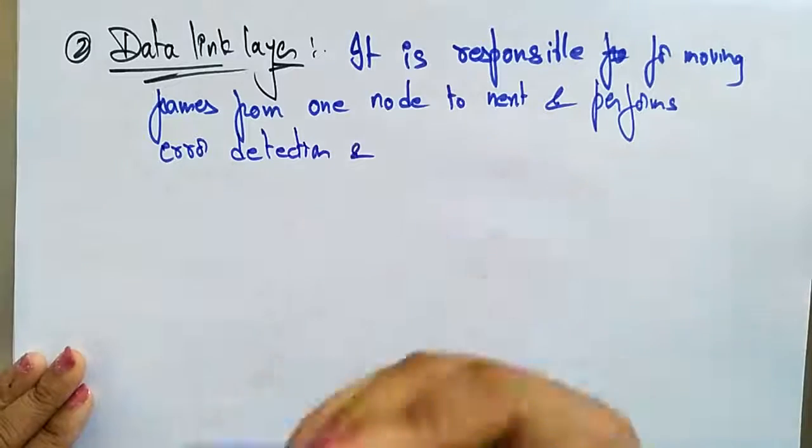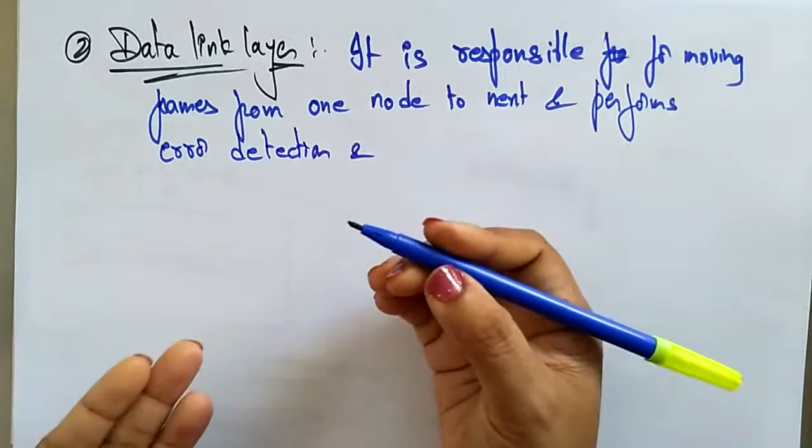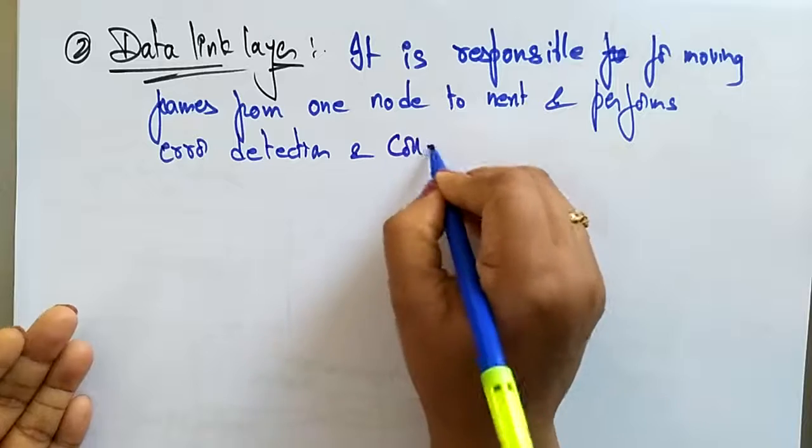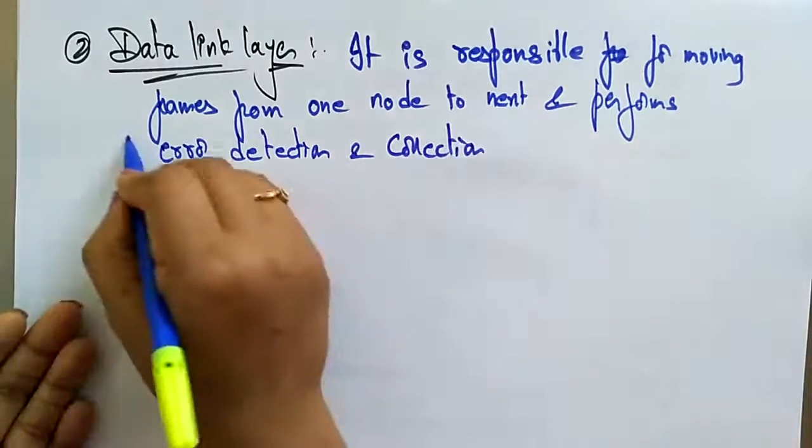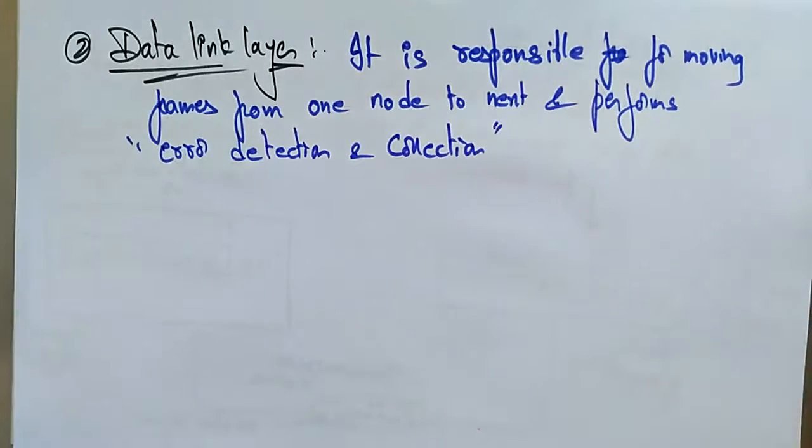After detecting the error, it is the responsibility of the data link layer to correct the error also. So this is the main responsibility of the data link layer.